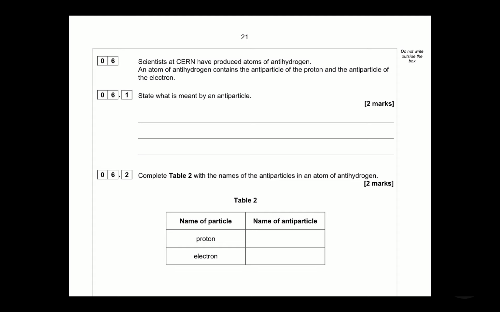So what is meant by an antiparticle? There's two things that you would have to mention, and look at that, it's worth 2 marks. So the two things you have to mention: it has the same mass or rest energy, but opposite charge.